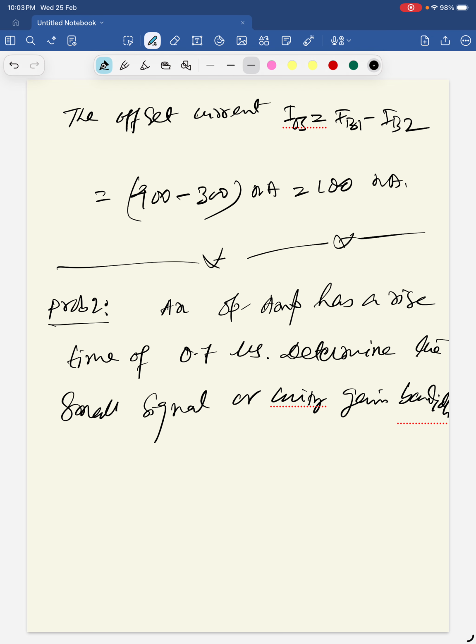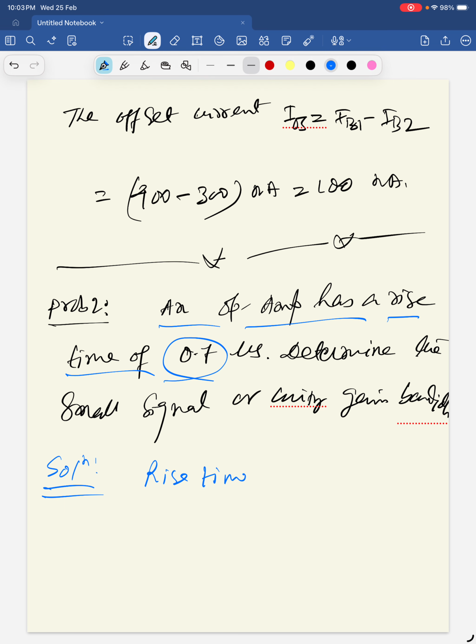So now we know that, here given that solution. What is given? The op-amp has a rise time of 0.7 microsecond. So rise time is equal to 0.7 microsecond.